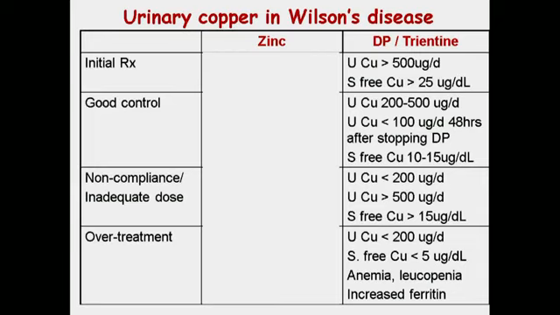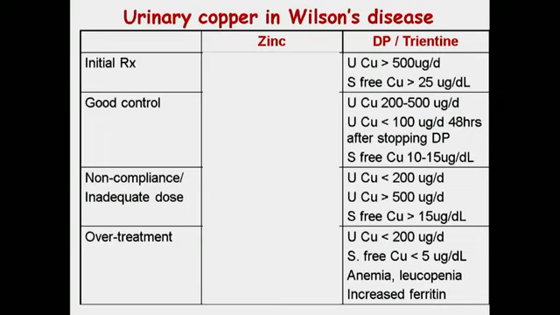If you are on a chelator, you would expect values initially very high, more than 500, usually more than 1000. And if you are measuring the serum-free copper, often it's going to be very high. When you are reasonably well controlled over a period of time, your urinary copper will drop to 200 to 500. The urinary copper of a patient with Wilson's disease on chelators will never come back to less than 100, which is normal.